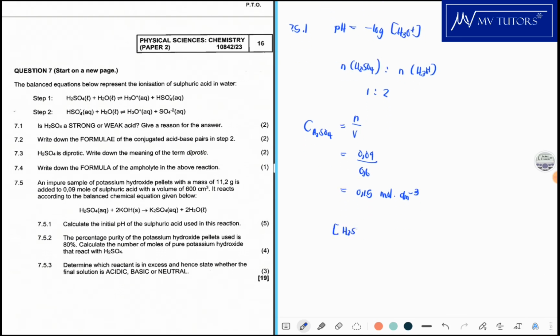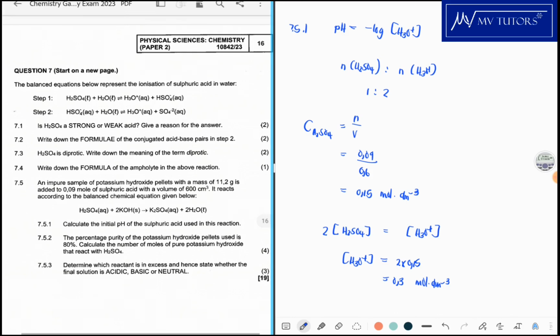We know that H2SO4 relates to hydronium in a ratio of 1:2. Or rather, let me put it this way: in order for us to get the concentration of hydronium, it will have to be twice the concentration of sulfuric acid. Therefore, the concentration of hydronium is 2 times 0.15, which is 0.3 mole per cubic decimeter.